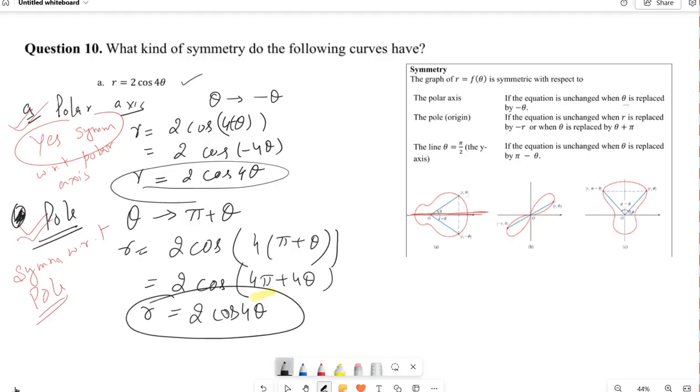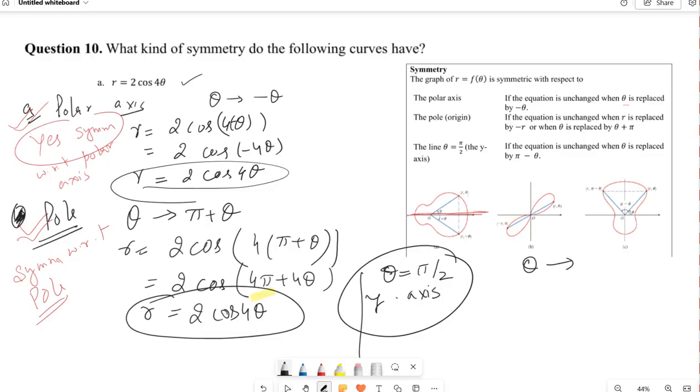Let's try the last one. Symmetry with respect to theta equal to pi by 2, or the y-axis. To check with that, you need to change theta to pi minus theta. So let's try that. r is 2 cosine of 4 times pi minus theta.